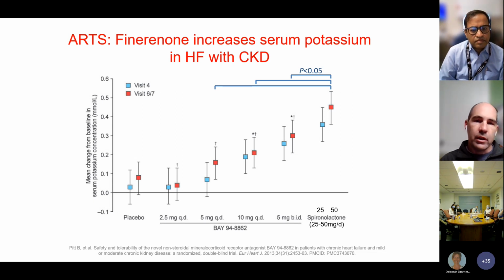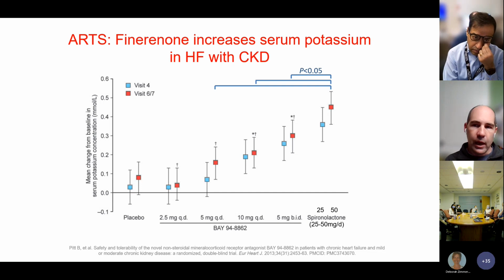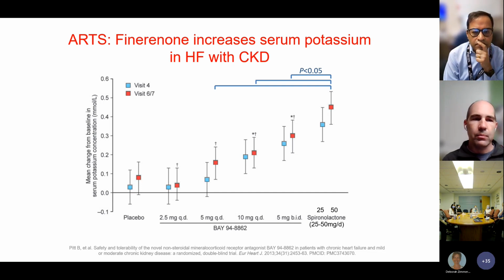And the bigger question, I think, in a lot of our patients with diabetic CKD, personally, I have a resistant hypertension clinic, so I'm definitely interested in reducing blood pressure. But I'm just as interested in not increasing potassium quite as much. So this comparator group is useful to see how much finerenone increases potassium in this higher risk population for hyperkalemia. And it increases potassium.